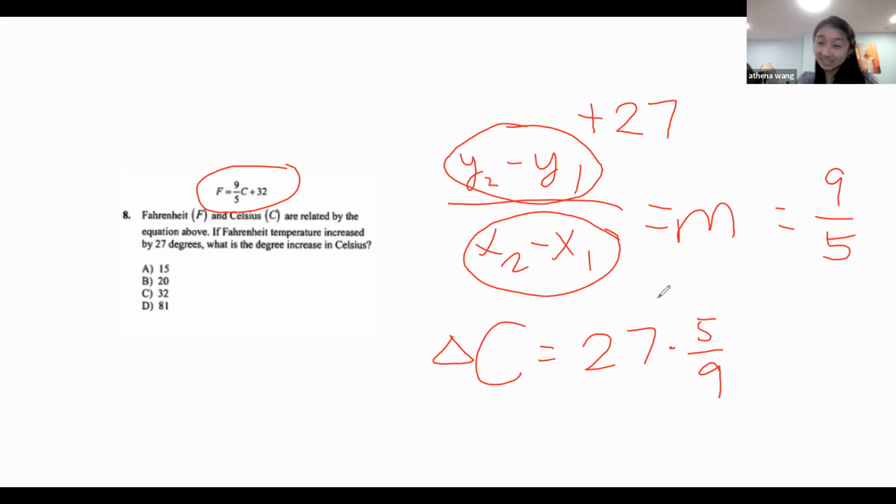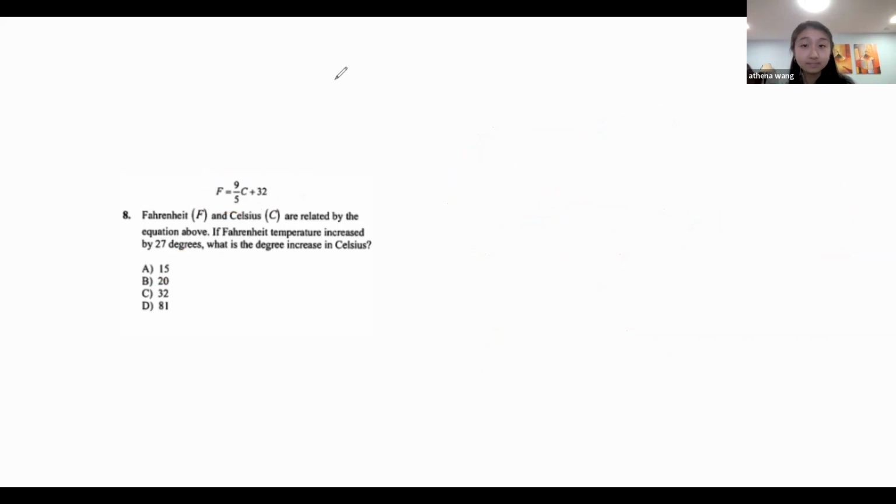I hope you can see this because we multiply by delta C on both sides and then we multiply by 5/9. And this will move all of the numbers to one side. And this would be 15. So the answer would be A. Okay. Let's move on to the next problem.